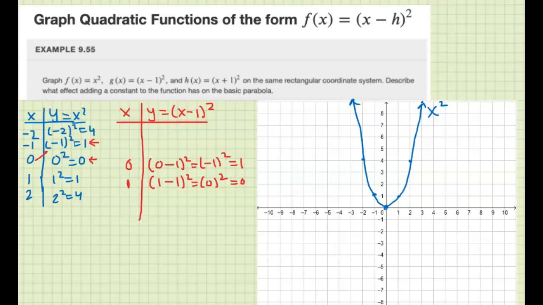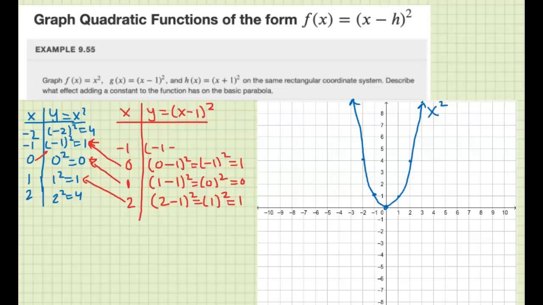So it looks like the graph is shifted. The x values are shifted. Let's do 2. (2 minus 1) squared, I get 1 squared, which is 1. So this one corresponds with this one now. It's like we're getting the same values of y, but in a different place. Let's do negative 1.